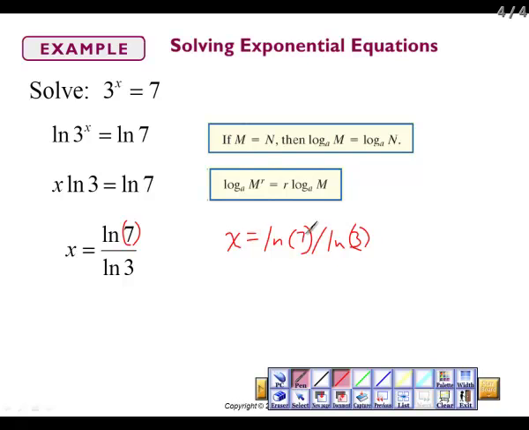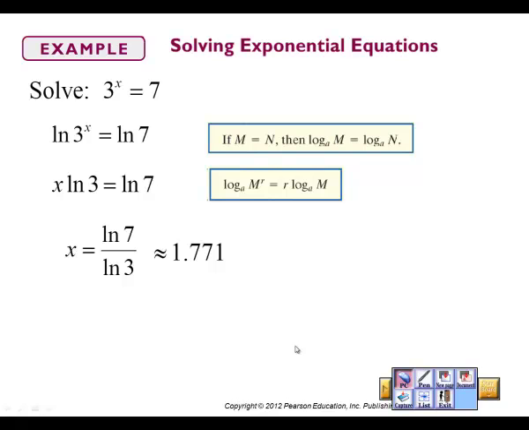If you don't close the parentheses, the calculator enters this divided by natural log 3 in with this natural log here, and then the answer comes out wrong. So that's why I like to find what the natural log 7 is first and then divide it.